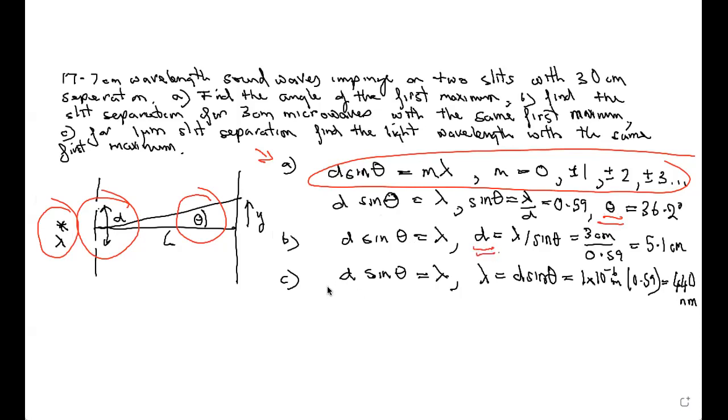And then finally, in the third part, we knew the angle theta, we knew the slit separation, and we were solving for the wavelength. And so that's kind of walked us through different ways that you can employ or use that equation that describes the maxima in the two-slit experiment.